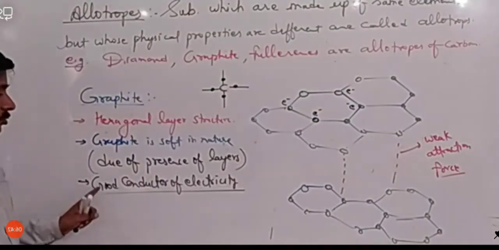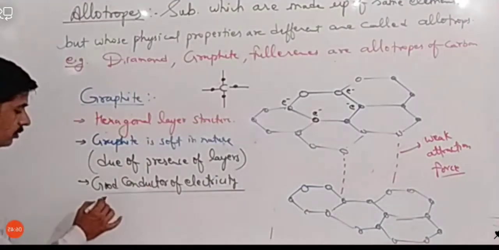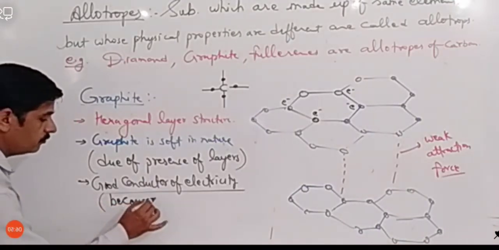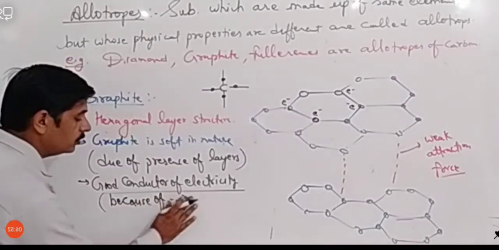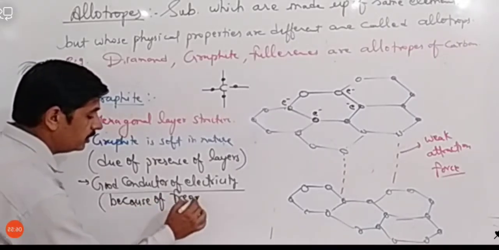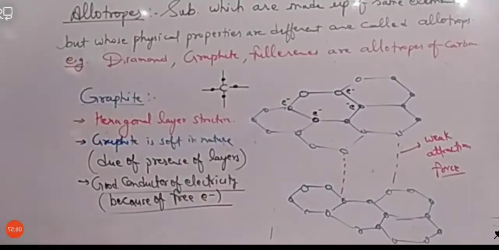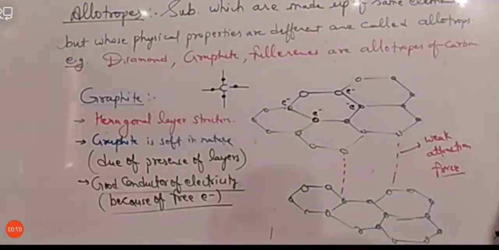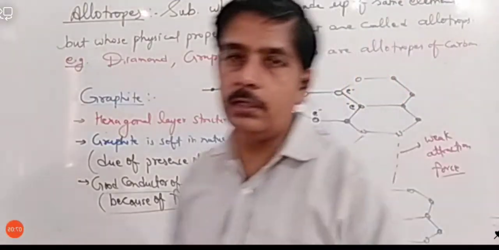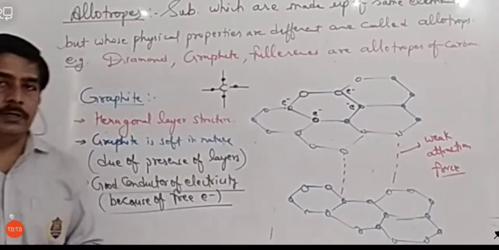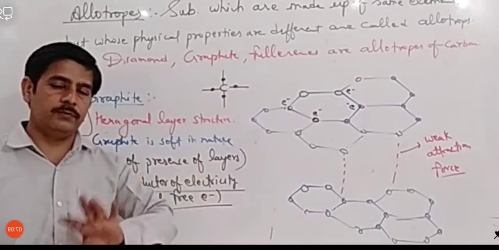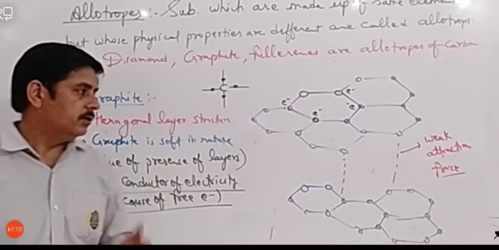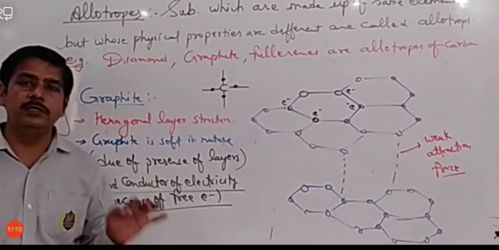So remember this thing. Good conductor of electricity. Why? Because of free electrons. ठीक है? Because each carbon has one free electron. Okay. So there are these two things which are very important in terms of graphite, which you have to remember, because most of the time if a question is asked about graphite, this is mostly asked: why graphite is soft and why it shows conductivity.